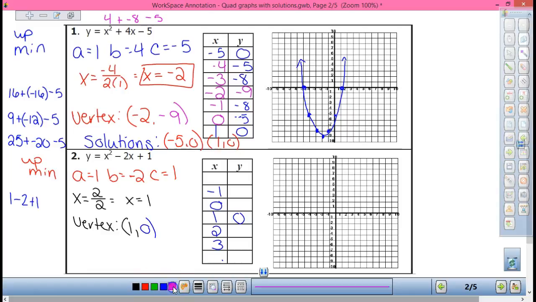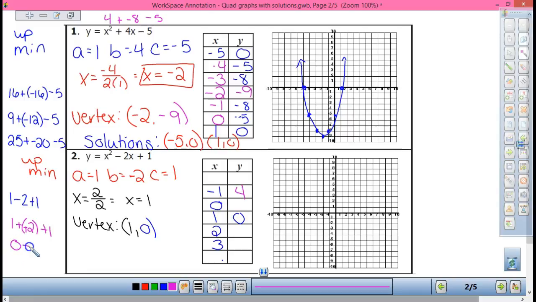All right, so negative 1 squared? 1 minus negative 2, because 2 times negative 1 gives me negative 2, right? So this is going to turn into a plus. And then plus 1? 4. 0 squared?